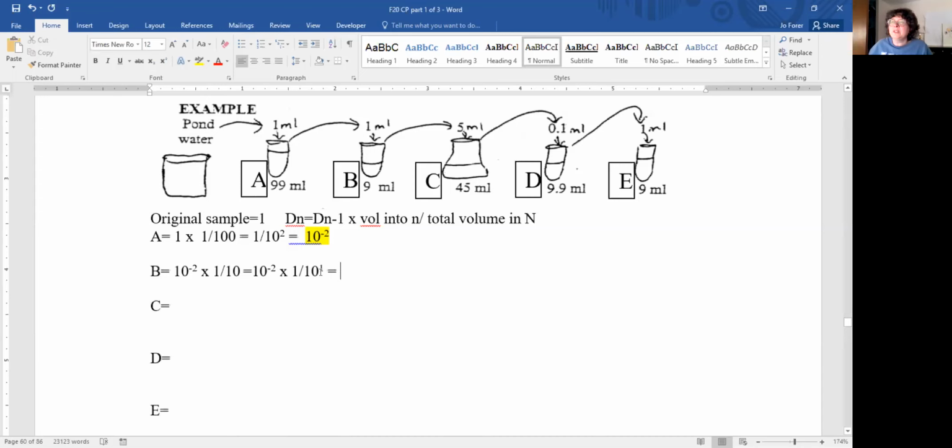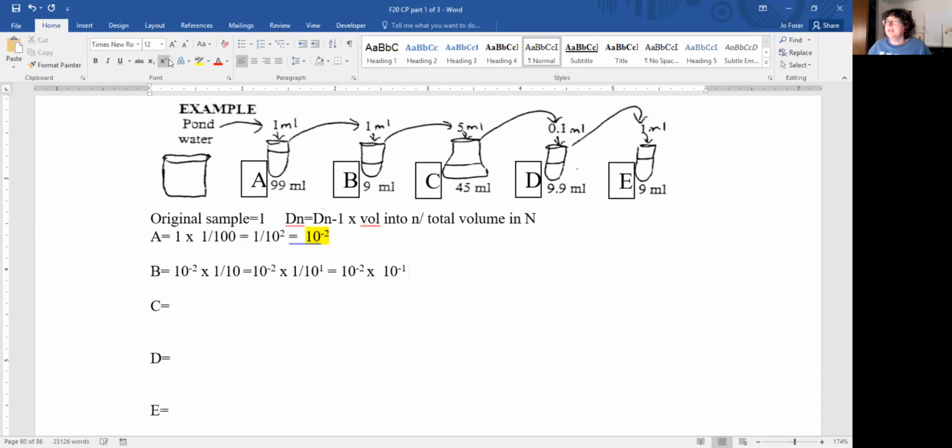So I'm going to change the sign of the exponent and not have it as a fraction anymore and say that this is the same as 10 to the negative 2 times 10, what am I going to have to do to the 1? I have to change the sign. So instead of 1 over 10 to the positive 1, I'm going to say that's the same as just 10 to the negative 1.